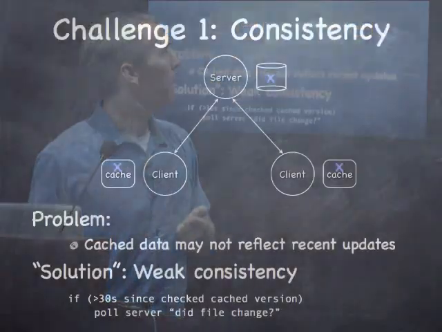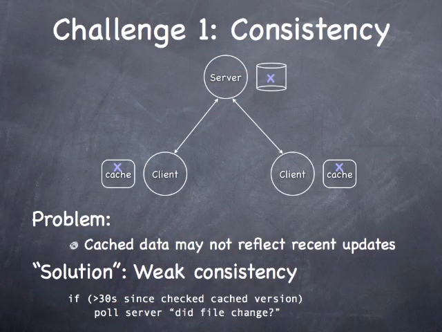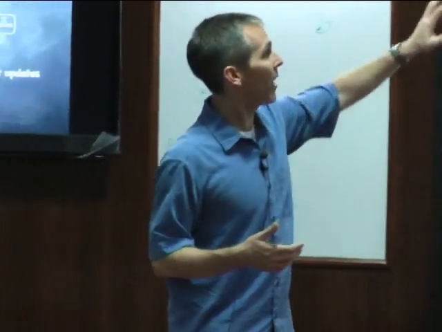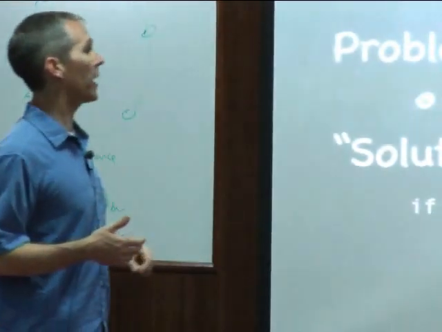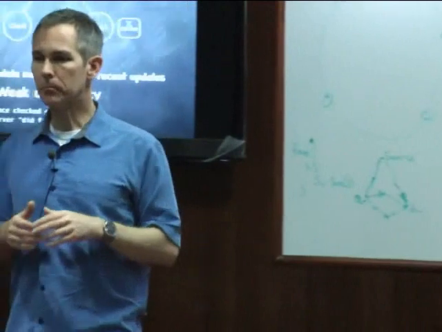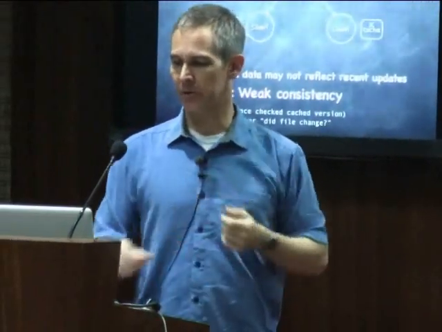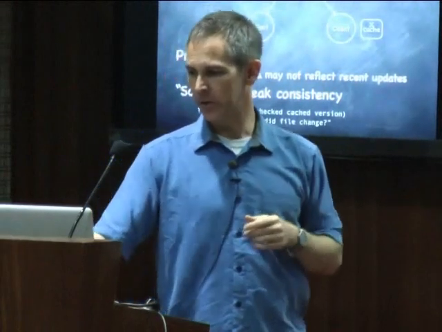Right? And so NFS faced a number of challenges, and the first of them was consistency. Right? That this cache data may not reflect recent updates. And so the solution, to use the term a little bit generously, was weak consistency.